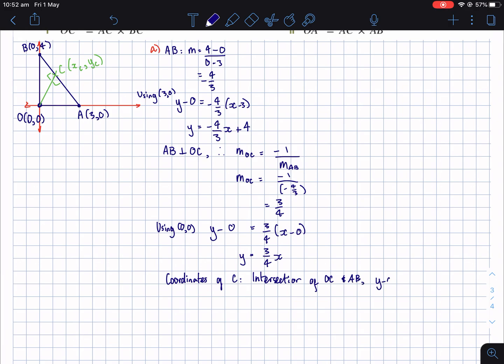The y coordinates are the same, as are the x coordinates, which we're going to find.